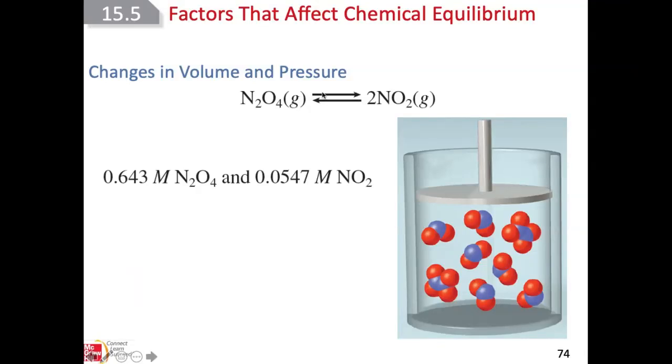When I increase the pressure, the volume becomes smaller, and the reaction will go to the left side where you have fewer molecules of a substance. So increasing pressure decreases the volume, and the reaction will proceed to the side with fewer molecules. But if the volume is increased, then the reaction will proceed to the side with a greater number of molecules too.